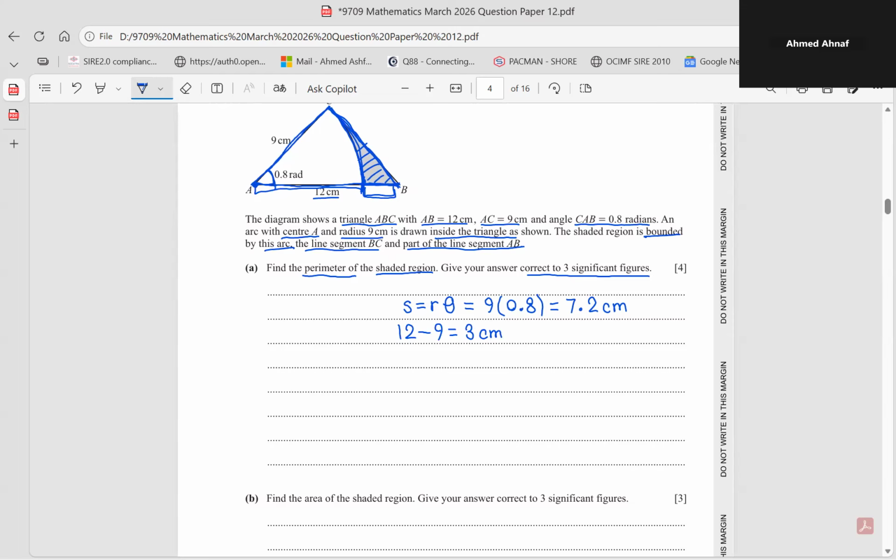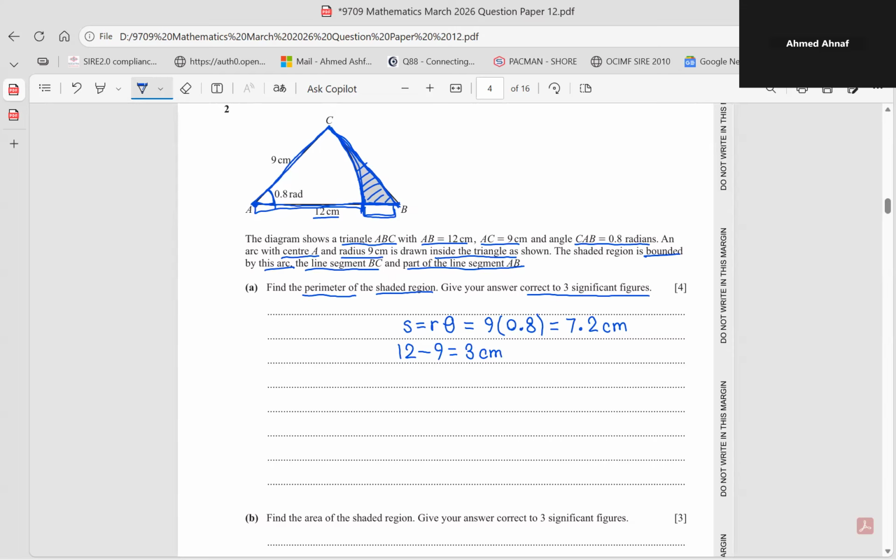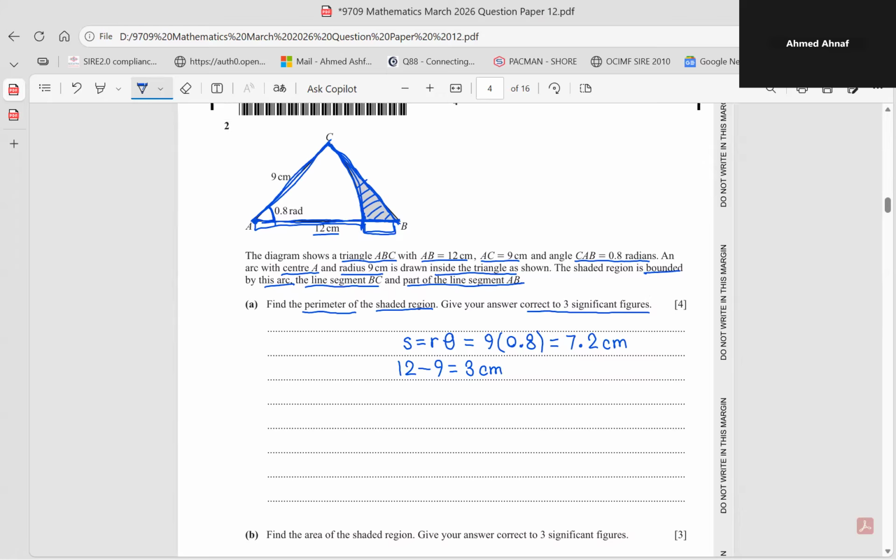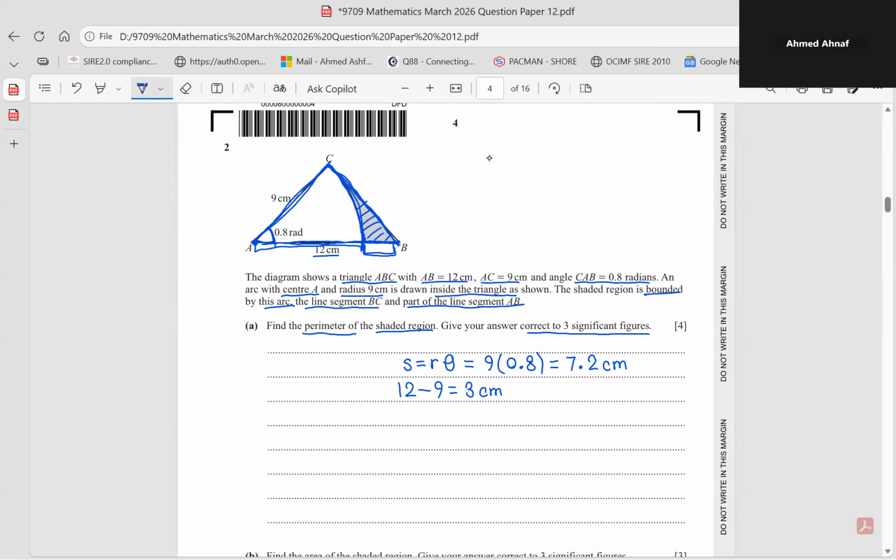so for BC, since we have an angle and two known sides, we can use cosine rule to find BC. And unfortunately for us, cosine rule isn't given in the formula sheet. So I'm just going to quickly write it down here.